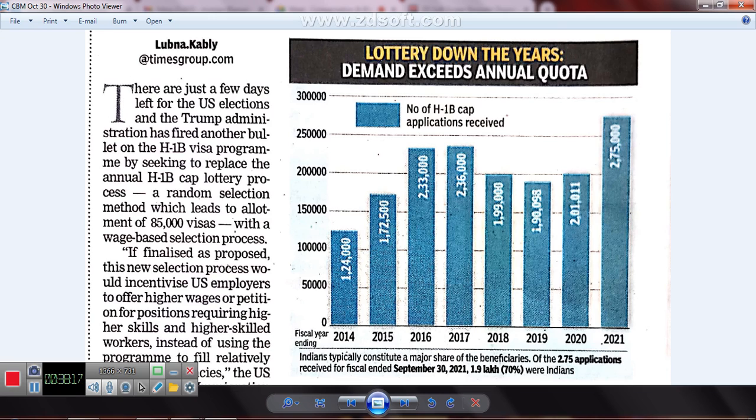So earlier these H-1B visas were issued based on an allotment system or lottery system, a random allocation. Now the Trump administration has announced that they are going to replace the random selection method, which leads to allotment of about 85,000 visas per year, with the wage-based selection process.